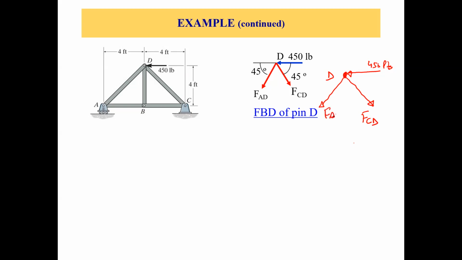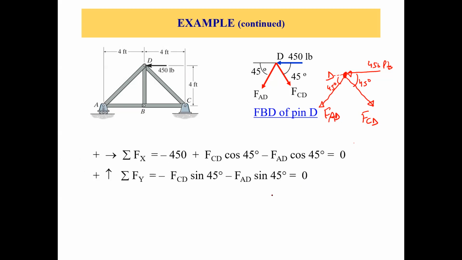So FCD and FAD, these are the 2 unknowns at joint D, right? So this is your free body diagram, and you can make out that this is 45 degrees. This is also 45 degrees. Okay, so this is the free body diagram of joint D.